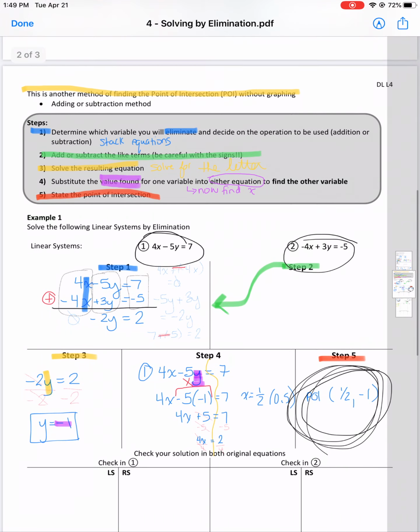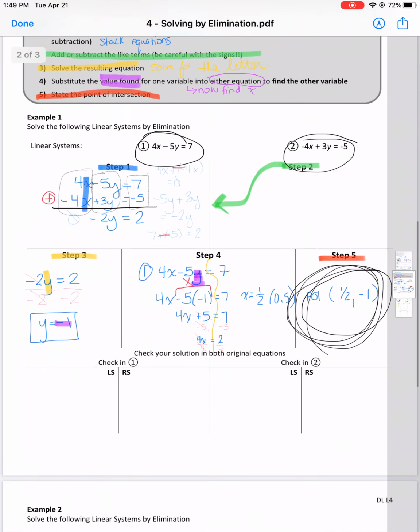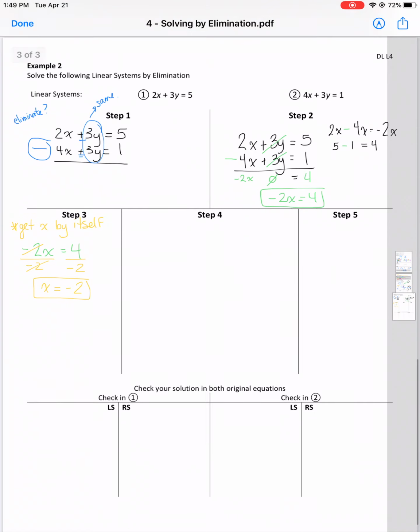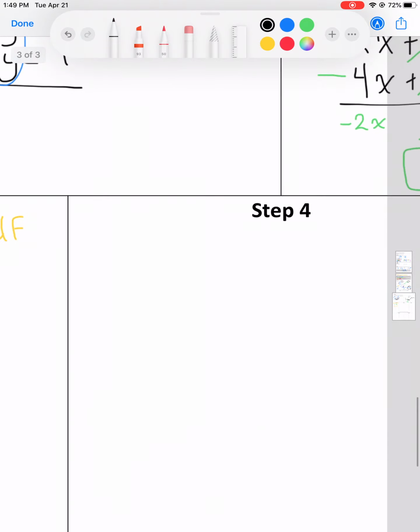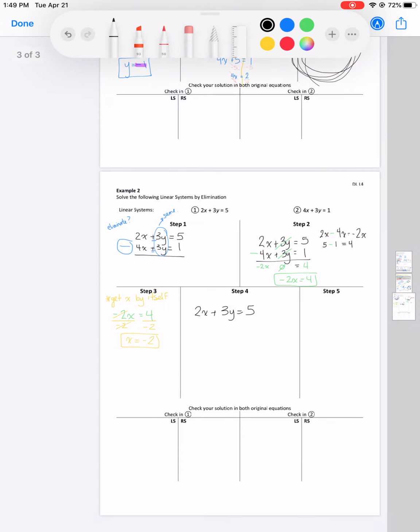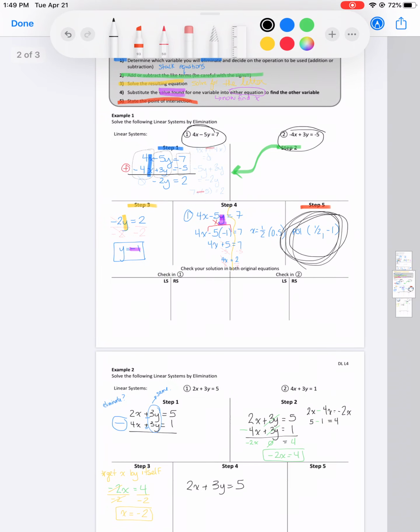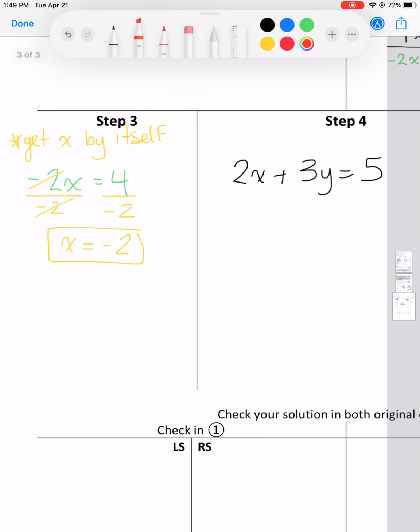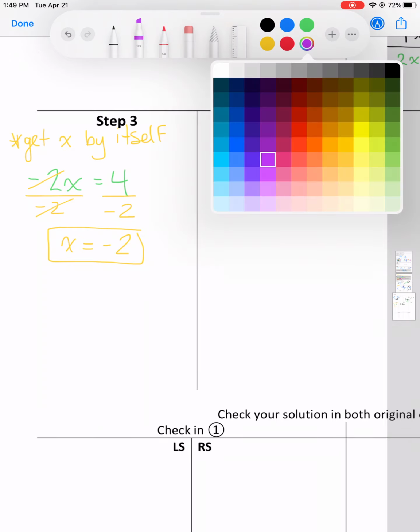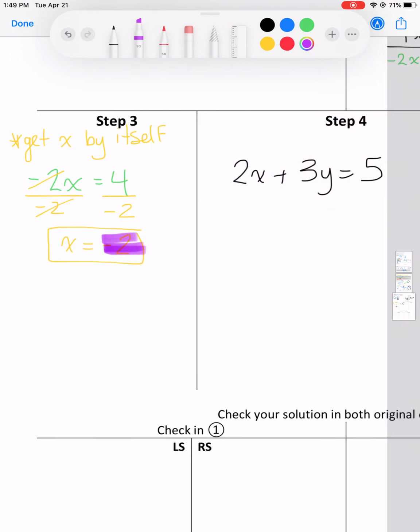Substitute the value found for one variable into either equation. Okay, doesn't matter which equation. So I'm just going to write down the first one. 2x plus 3y is equal to 5. And it says substitute the value found. The value that we found is negative 2, right?